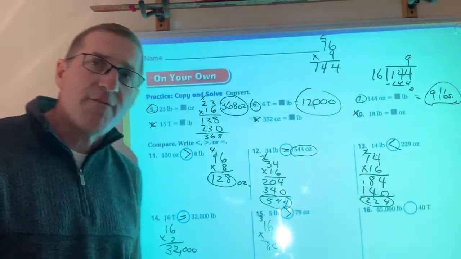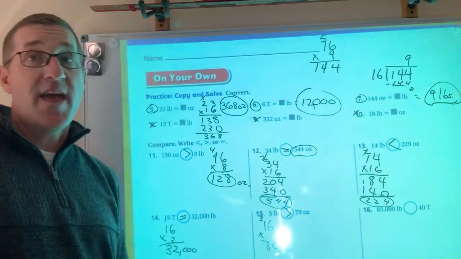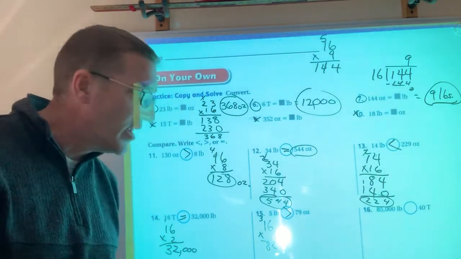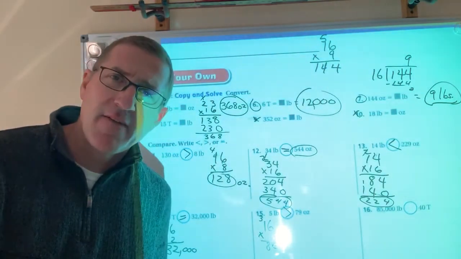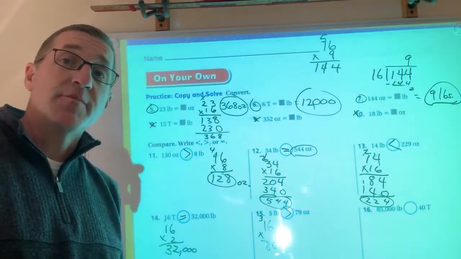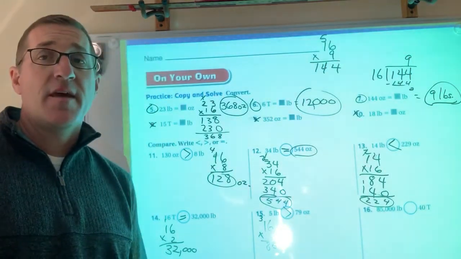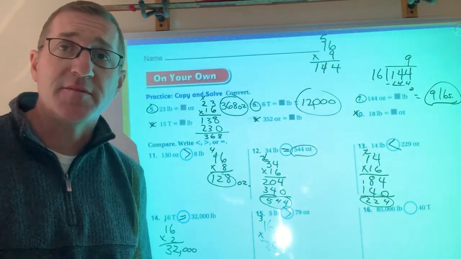85,000 pounds or 40 tons. You could probably do this one in your head and know right away. But let's just do it anyway. What do I multiply by? I'll take my tons and multiply them by 2, right? And then I'll add how many zeros? 3, and it's so easy.